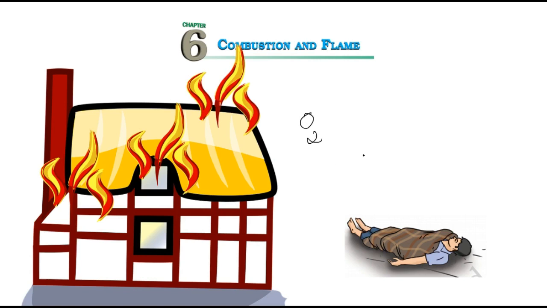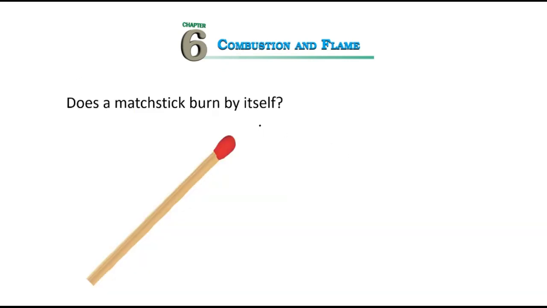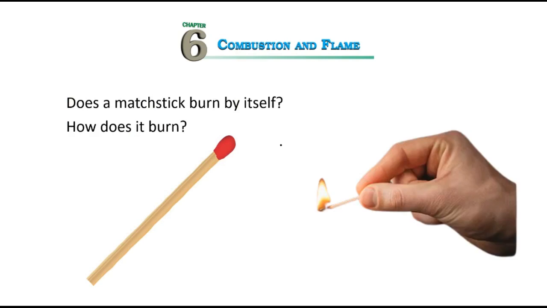What we have learnt now is that oxygen is very important for burning. But is only oxygen important? Does a matchstick burn by itself? How does it burn? What exactly do we do when we try to burn this matchstick?